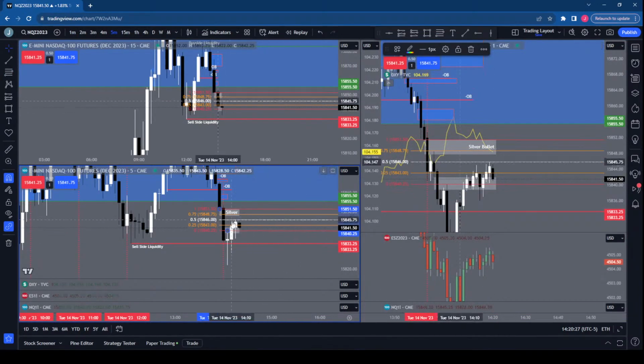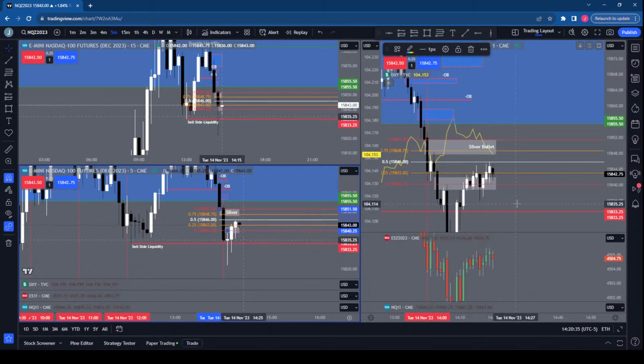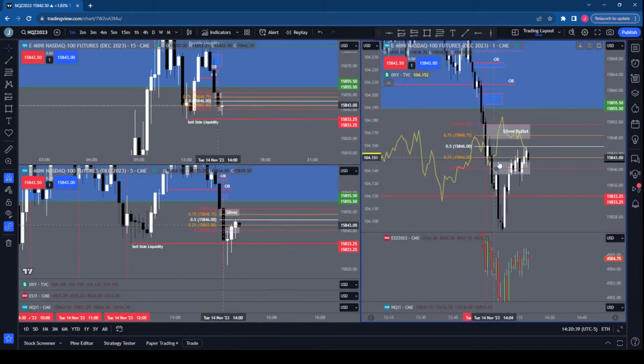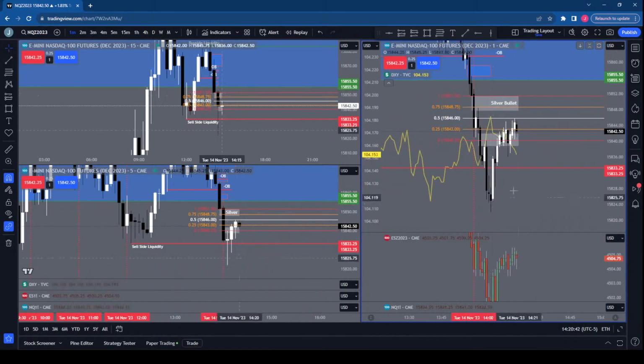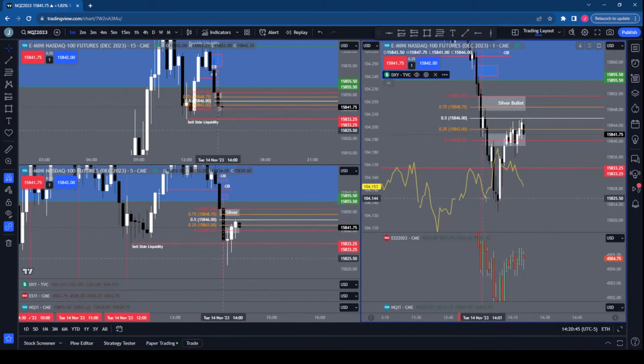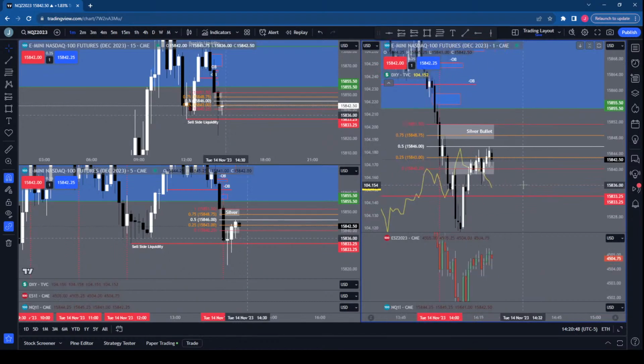You can see us on the 5 minute, this 5-minute fair value gap. We came up and touched the consequent encroachment nicely with the top of that candle. But the dollar in the background, that yellow line, seems to be going down a little bit.